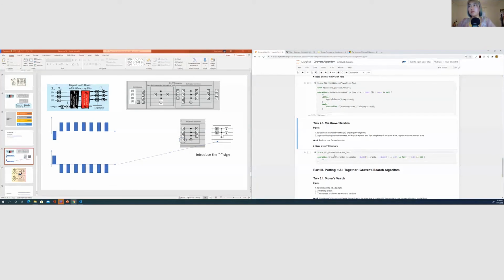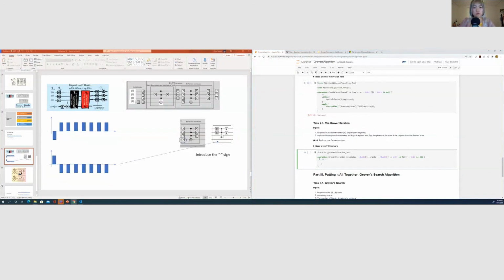The very last step is allowing us to put everything together. So doing the iterations. So it's exactly like what we set up on the left here.